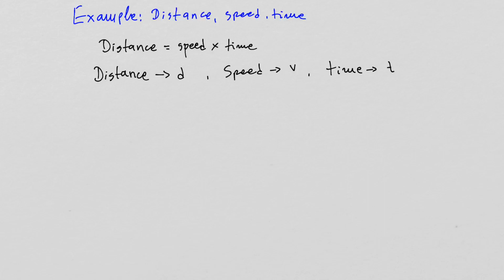So the label for distance is d, the label for speed is v, and the label for time is t. And so then I can rewrite this formula with symbols like so. Distance is equal to speed times time. And so this is now a formula.